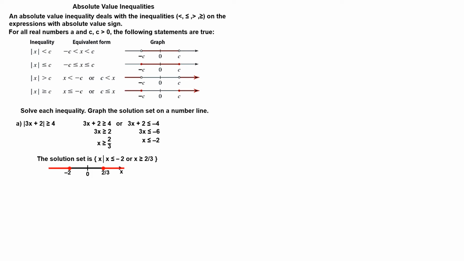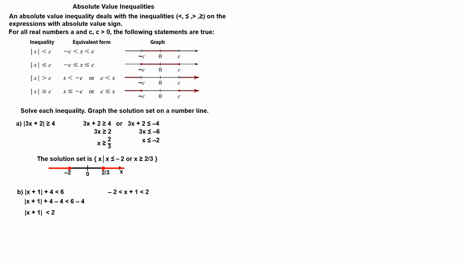Look at item B. First, isolate the absolute value expression by subtracting 4 from both sides of the inequality. Since our absolute value expression has a less than sign, we set up a three-part compound inequality as follows.